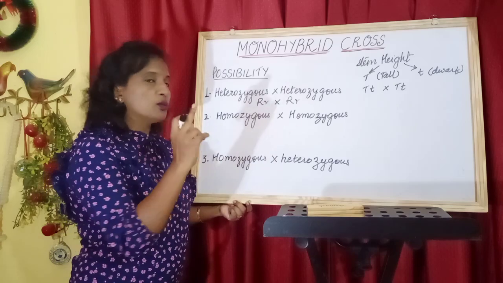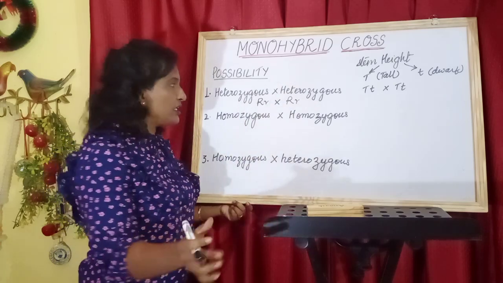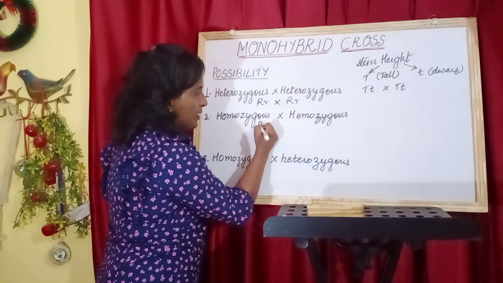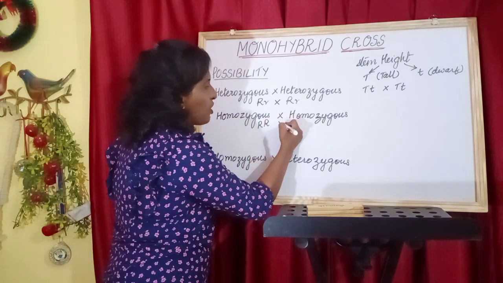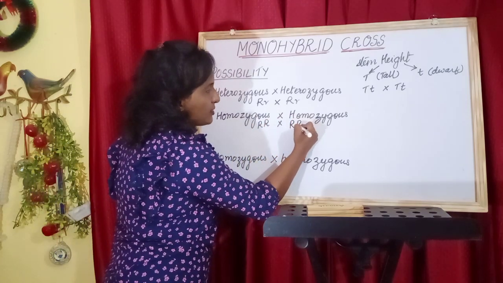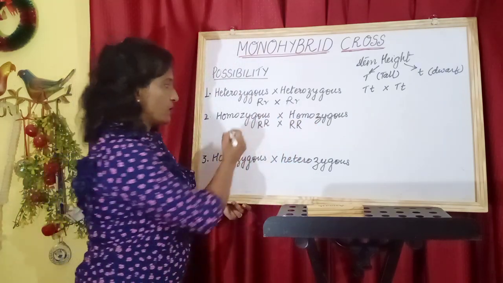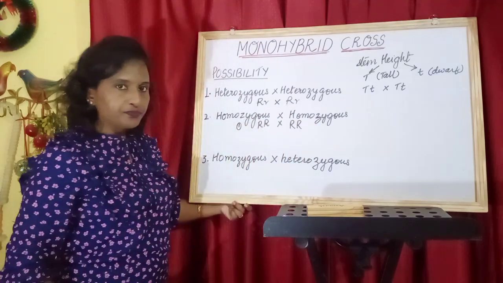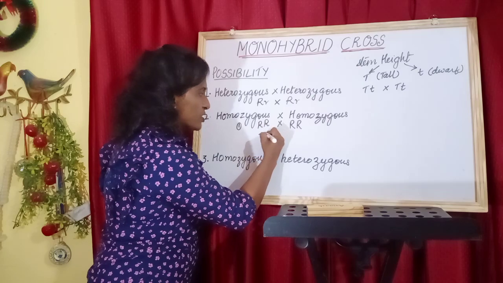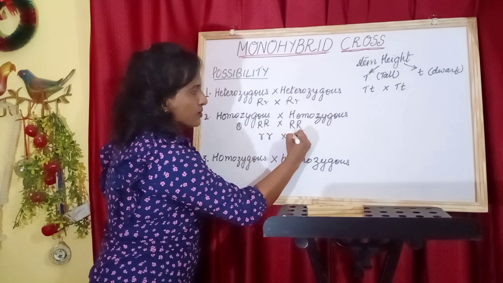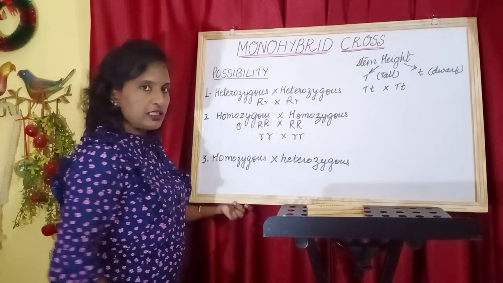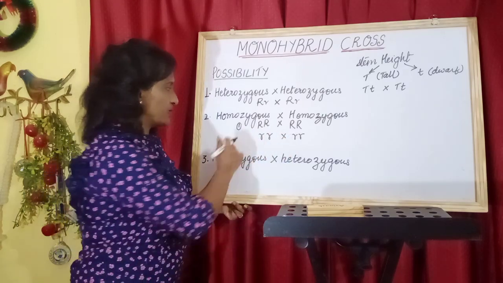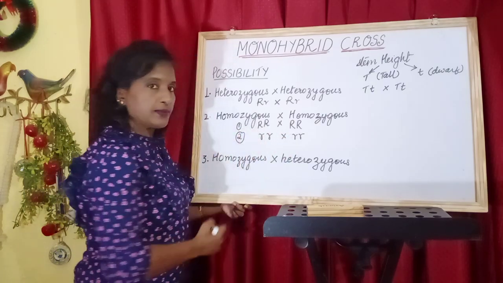Now there are other possibilities by which the problem can be asked, that is homozygous crossed with homozygous. We know that homozygous have similar type of alleles, so it will be either capital R crossed with capital R, right? So this is one possibility. Or small r crossed with small r, wrinkled seeds crossed with wrinkled seeds. That is the second possibility.